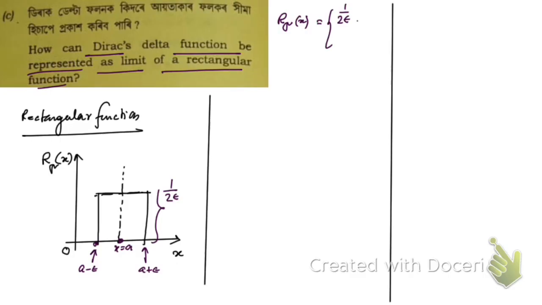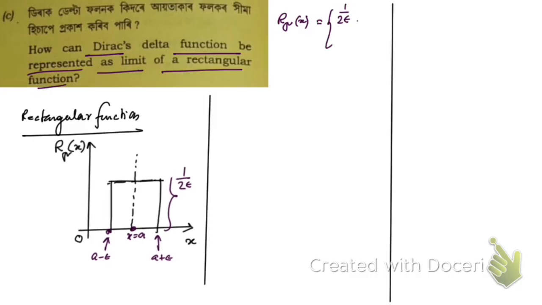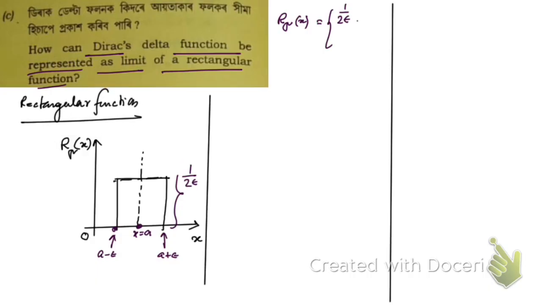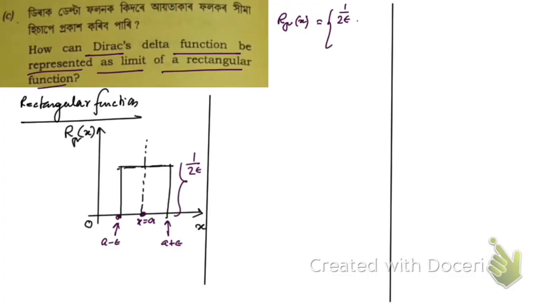Let me write this function here. First let me draw this graph here. Let me find some space here. Now you see what we can do.